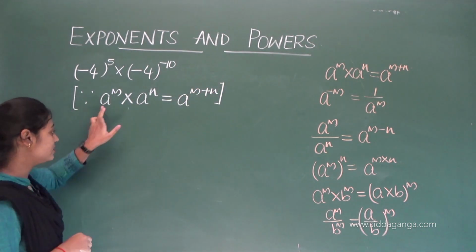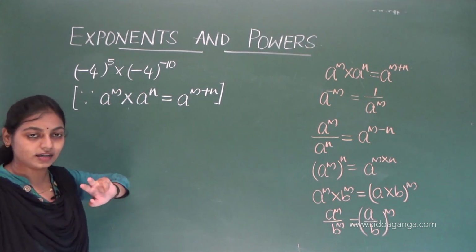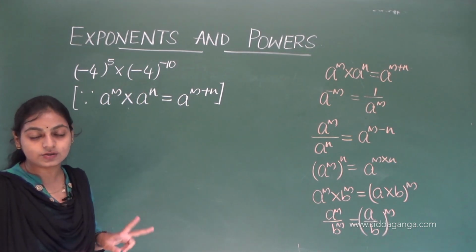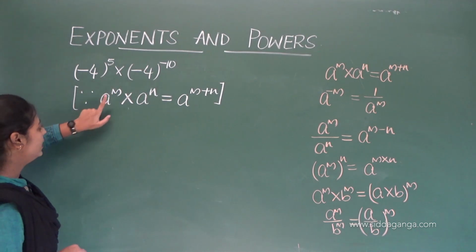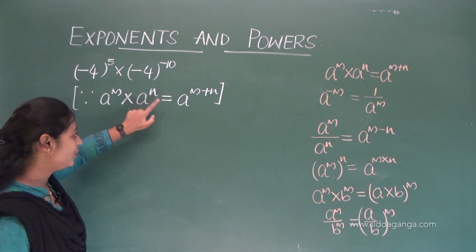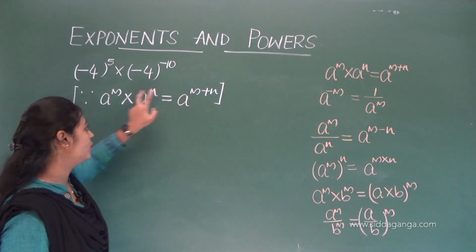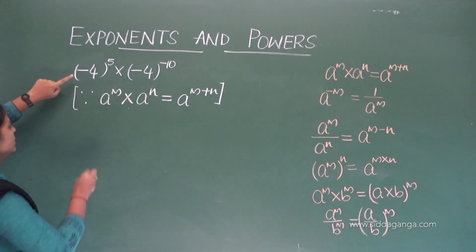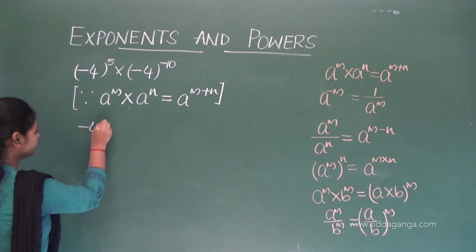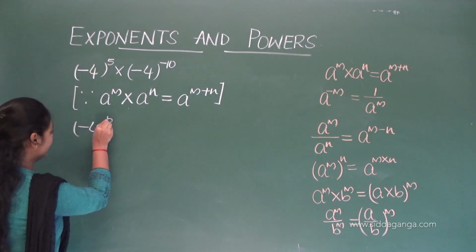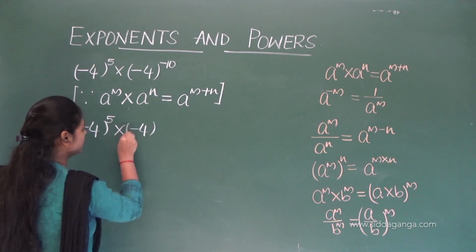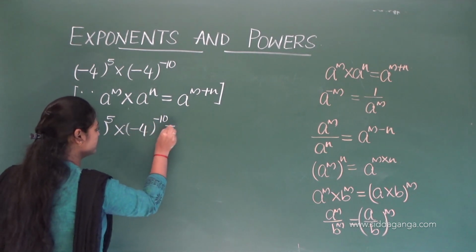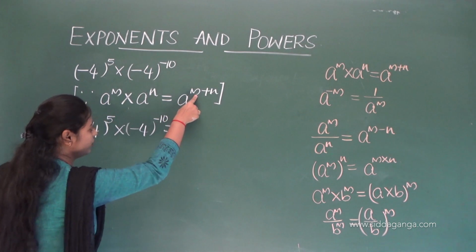When the bases are similar and the exponents are different, we can add those two exponents, under which condition? The multiplication condition. a to the power of m into a to the power of n is equal to a raised to the power of m plus n. So minus 4 whole to the power of 5 into minus 4 whole to the power of minus 10 is equal to a to the power of m plus n.